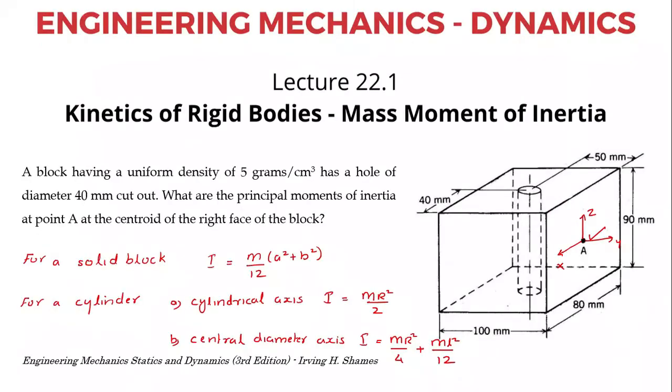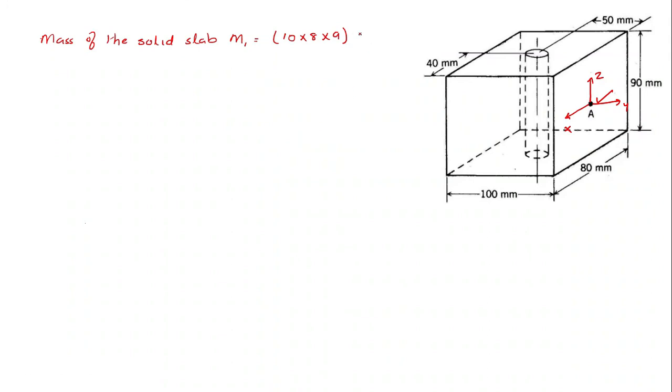Now the density is given to you in the question as 5 gram per centimeter cube. The purpose of converting these dimensions in centimeters was to multiply it directly with the density. So multiplying it by 5, this becomes 3600 grams.